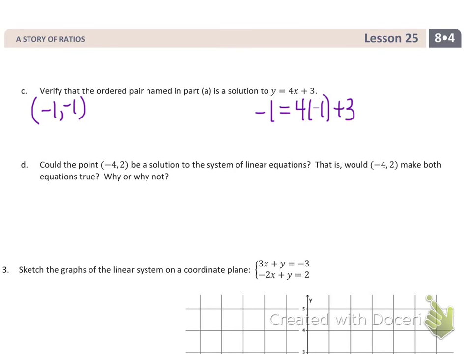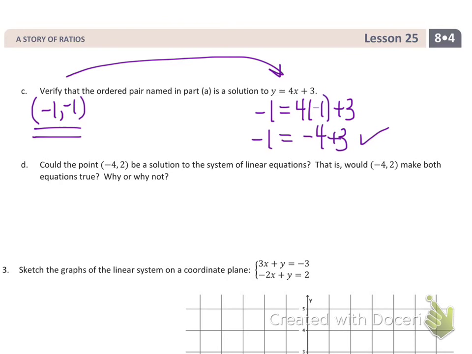So we're asking ourselves that question. So we end up with -1 is equal to -4 plus 3. So it checks out. -4 plus 3 is -1. So this ordered pair right here is a solution to this equation.